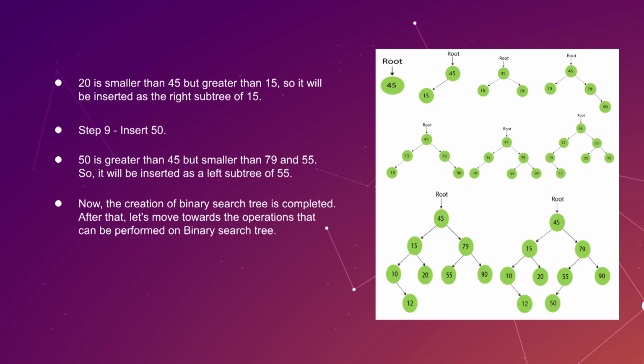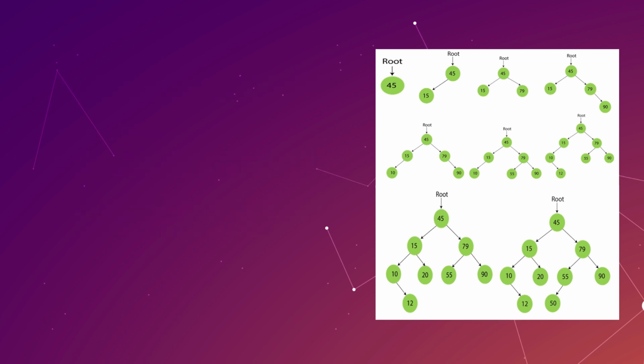After that, let us move towards the operations that can be performed on a binary search tree. We can perform insert, delete and search operations on the binary search tree. Let us understand how a search is performed on a binary search tree.